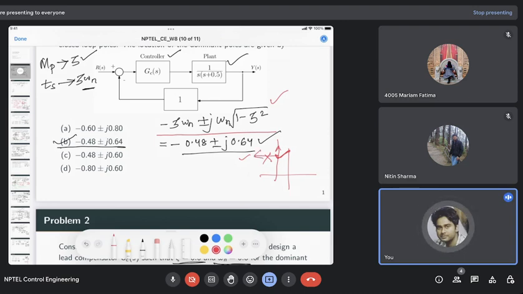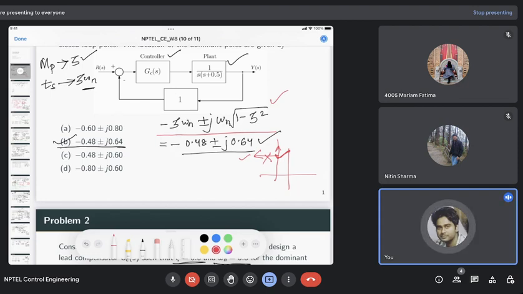You know that adding a zero will pull this root locus to the left. So to have the desired transient response, you add a zero. But adding a simple zero will be a non-causal system, right? It will be just a numerator term. But you want a causal system, that is, you have to have an equal number of zeros and poles for this compensator.